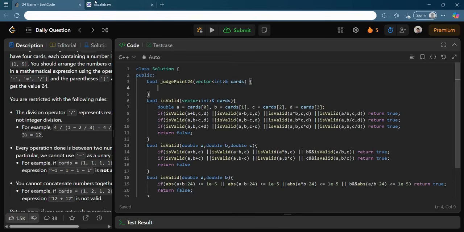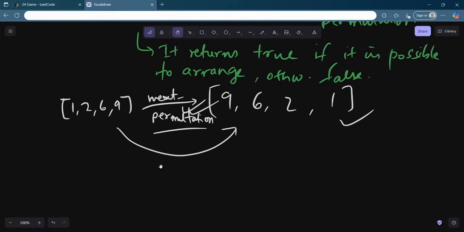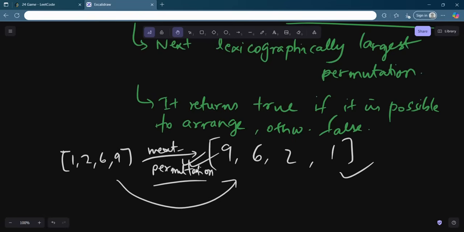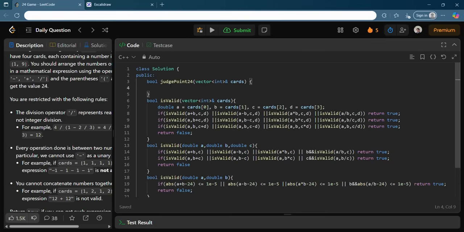So what I can do easily is that I told you first I can just sort these numbers and keep performing next permutations till I keep getting the next lexicographically largest permutation. Okay, so what I will do is just sort this. Sort cards dot begin, and sort cards dot end.